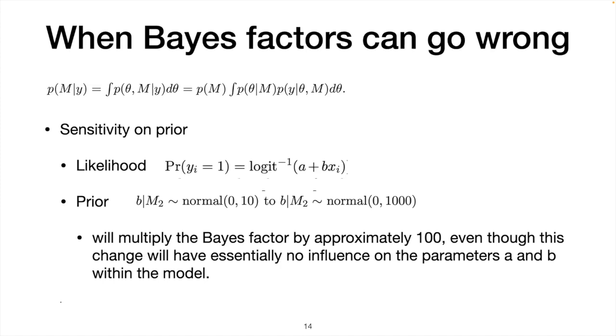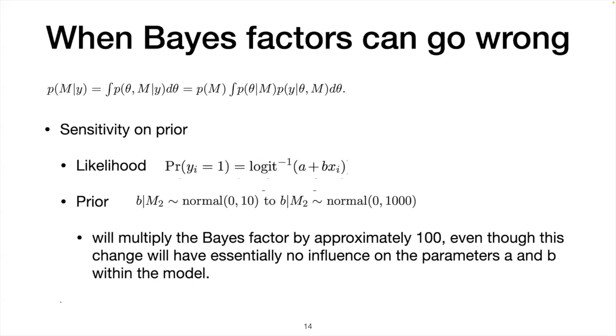And there are some reasons why the Bayes factor or the marginal likelihood can be misleading or even useless in the M-open context. One is that it's quite sensitive to the prior. If you have a very wide prior, then it basically becomes zero. To see that, take a simple logistic regression where the likelihood is inverse logit of a plus bx, and now you have two priors.